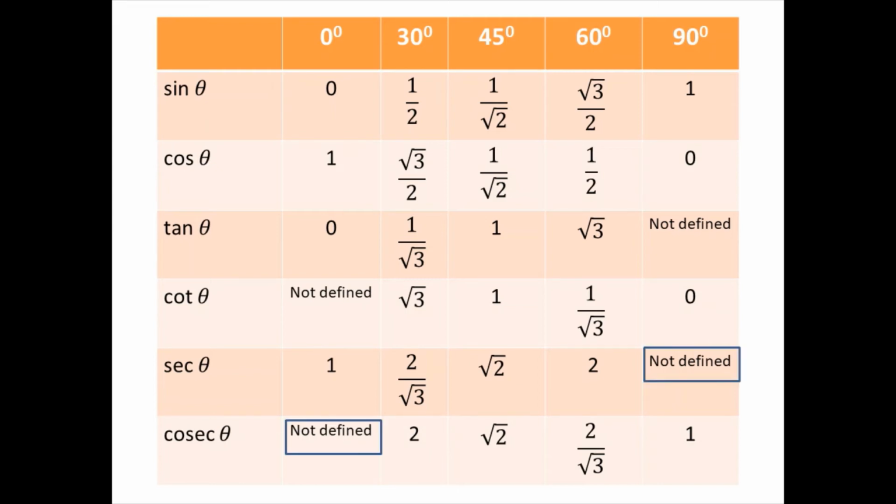Secant 60 is 2, so cosecant 30 is 2. Secant 45 is root 2, and cosecant 45 is root 2. Secant 30 is 2 by root 3 and cosecant 60 is 2 by root 3. Secant 0 is 1 and cosecant 90 is 1.